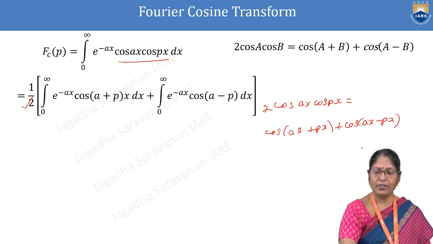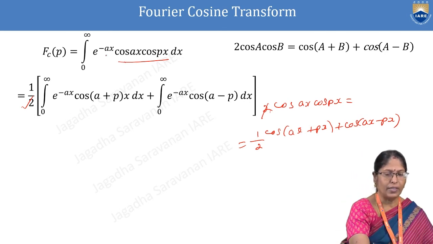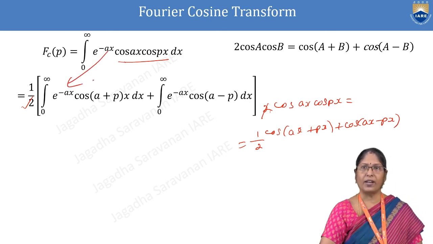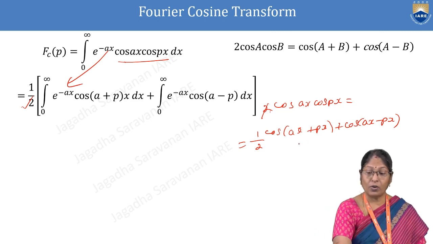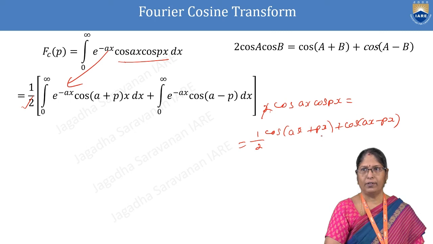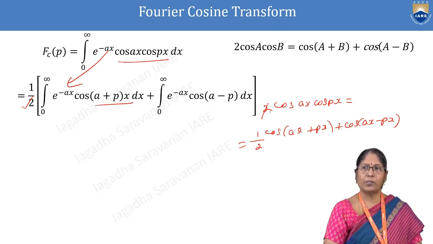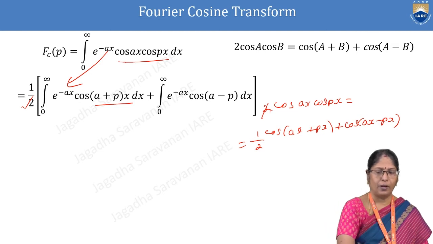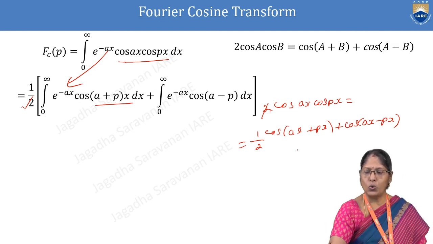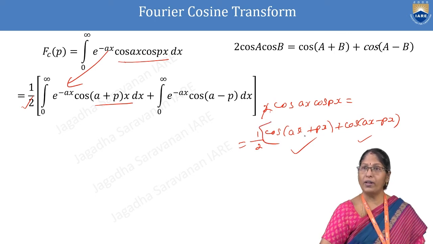So we will see it, this 2 has become here. Here we can notice it, then e power minus ax is written as it is, cos of ax plus px. x is common, that is the reason here it is written cos of a plus p of x, plus, this is two terms, first term, second term. 1 by 2 is common.